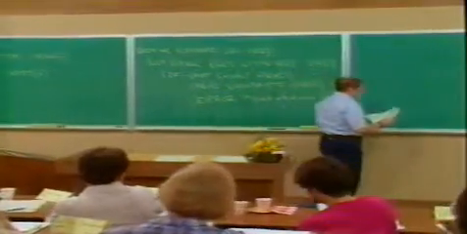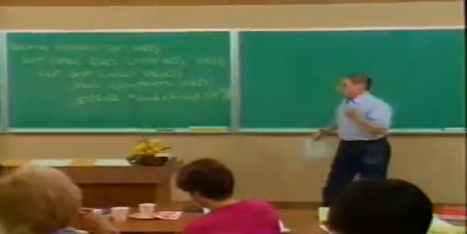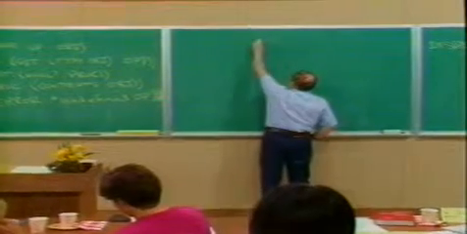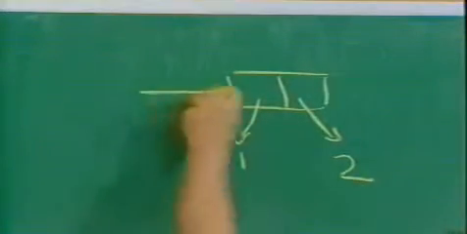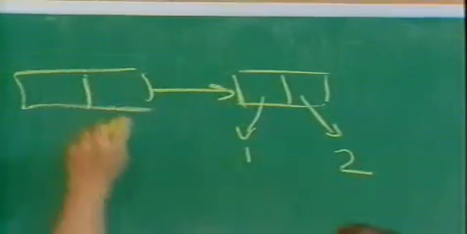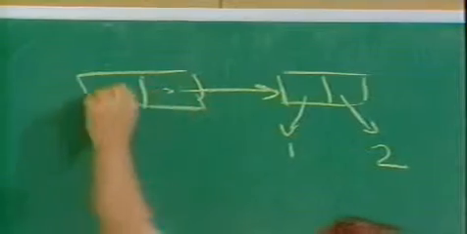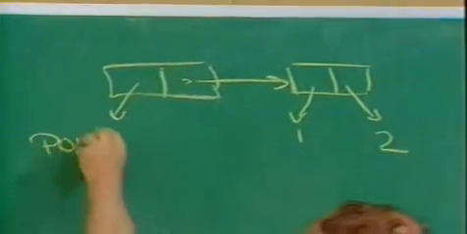Suppose I have one of Martha's complex numbers. It's got magnitude 1 and angle 2, and it's one of Martha's, so it's labeled here polar.